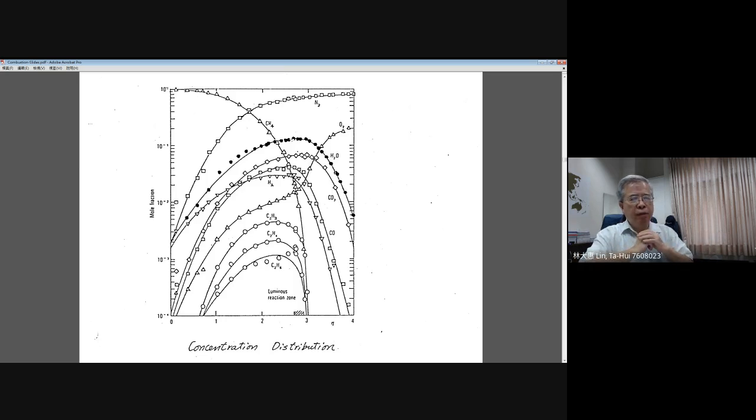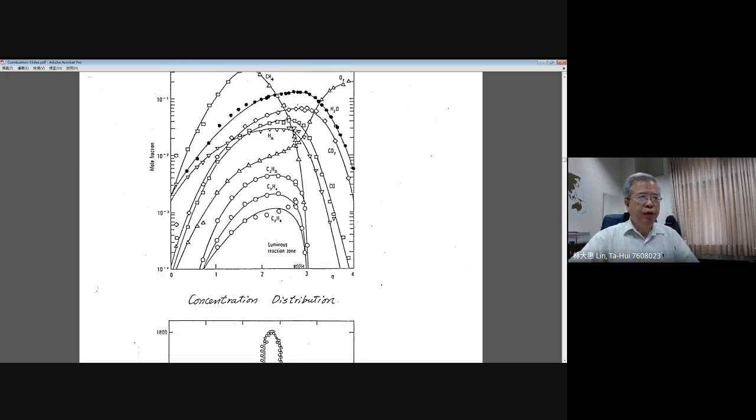You can definitely observe this from experimental observation. This is due to the finite chemical reaction. You cannot finish all the reactions to convert the reactants to the products in a very thin, nano region. Then you may have some oxygen leak to the fuel side, and some fuel leak to the oxidizer side.